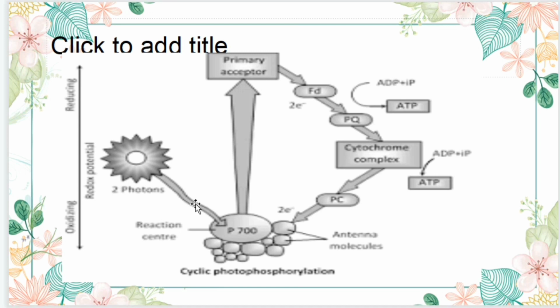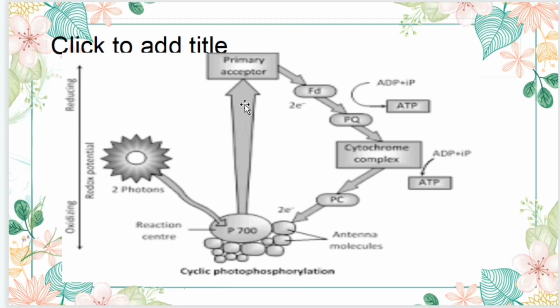This is the cycle of cyclic photophosphorylation. The sunlight source's photons are received by photosystem 1, P700. The electron will be lost, excited to the primary acceptor. The primary acceptor is ferredoxin reducing substance.